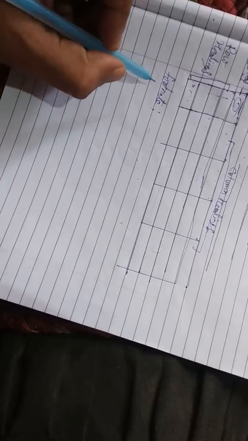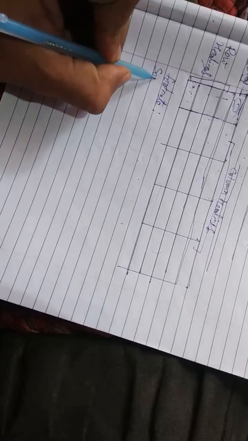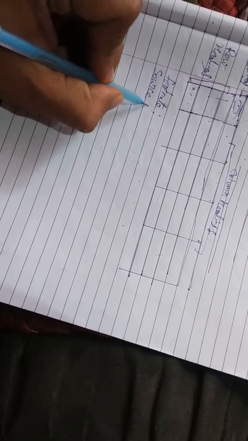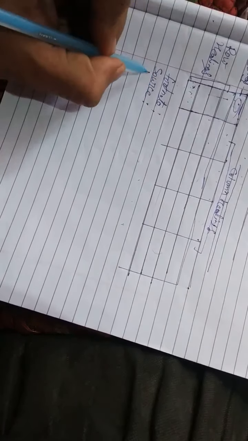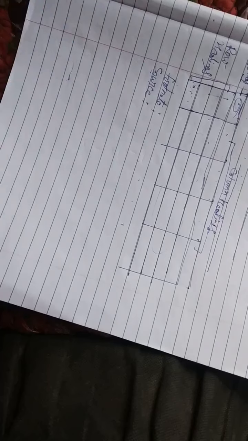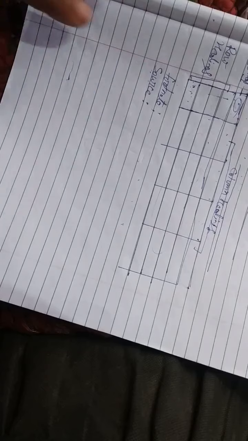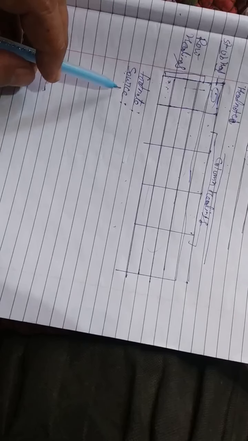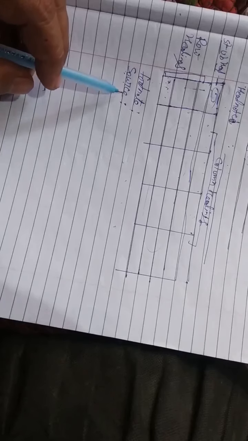And then at the end we have the source. It is also very important to write down the source from where you have collected the information. This is very important because it gives us an idea of how reliable your data is.